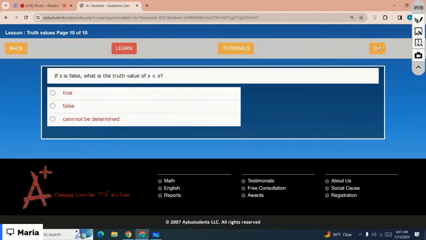If S is false, so S and S is also false. The correct option is false.